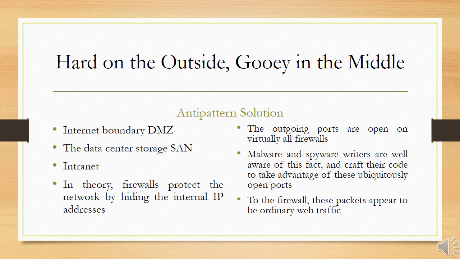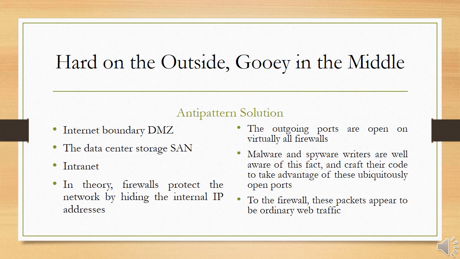The anti-pattern solution. Traditional network architectures include three major domains: the Internet Boundary or DMZ, the Data Center Storage Area Network (SAN), and the rest of the network, the intranet. Between the DMZ and the intranet, there are network security devices, including a firewall and possibly an IDS or IPS.